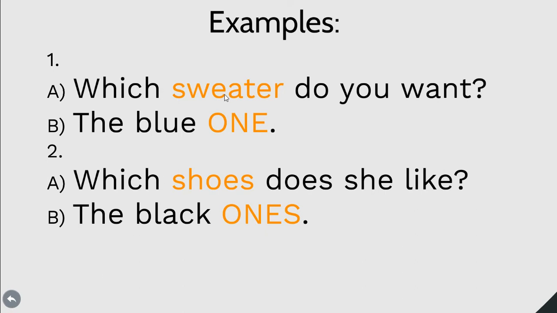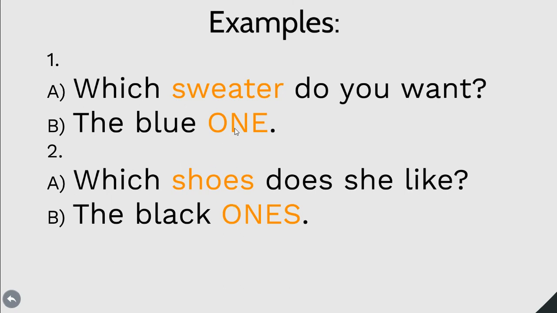Second example: Which shoes does she like? The black ones. Shoes is my object. Shoes is a plural word, and in this case, in my answer, it is not one, it's ones, because I'm talking about a plural noun.